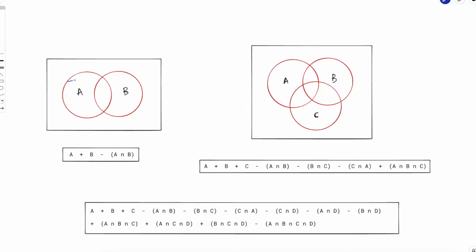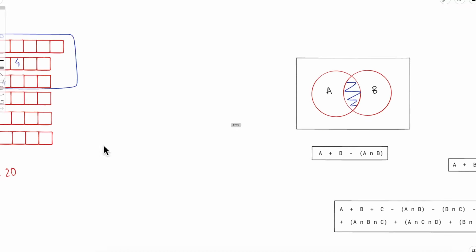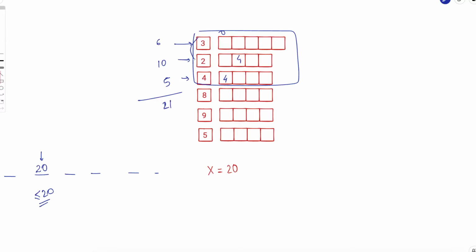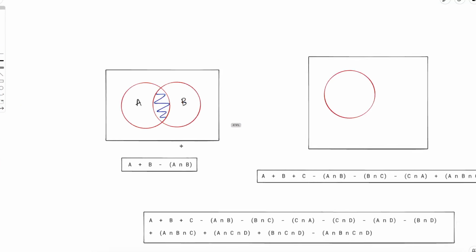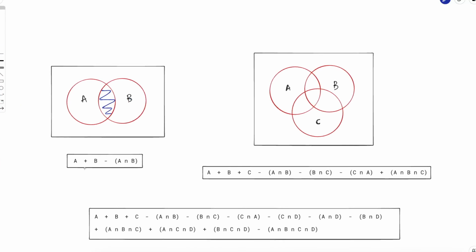We figure out the number of elements in A first, we figure out the number of elements in B first, and then we subtract the number of elements which are common across these two, right? That's what we did for the first, when only 3 and 2 were there, right? And we get this particular formula for everything in A and B, right?